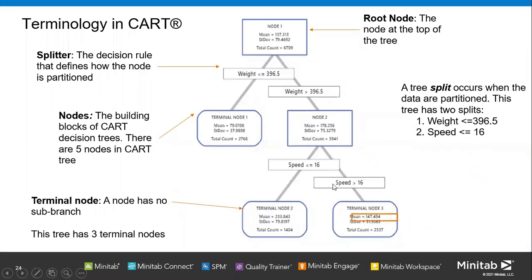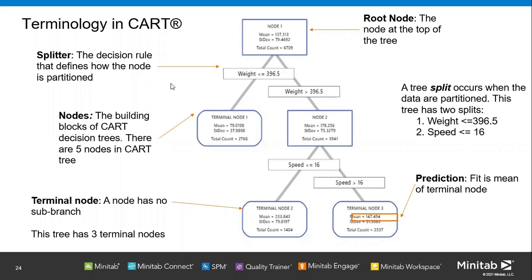So the last one, in this one, we call it the terminal node, where the node has no sub-branch, so it does not split again. In the terminal node, you can get the prediction model. Maybe here we have a mean as a prediction value. So that's why we need a terminal node, because in the terminal node you get the prediction value.